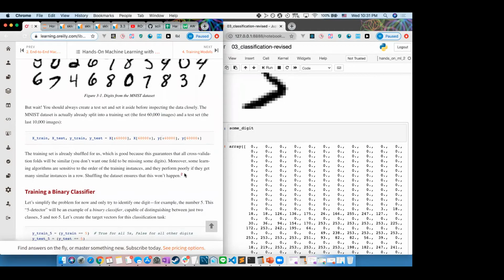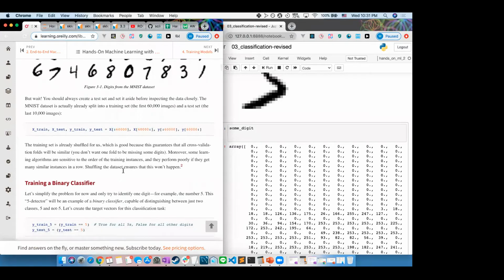And of course, we're not specifically separating validation sets because we're going to use cross validation. So when we feed the training set into the cross_val_score function, the validation set is automatically separated for us in the cross validation.